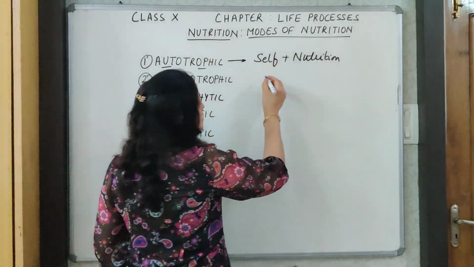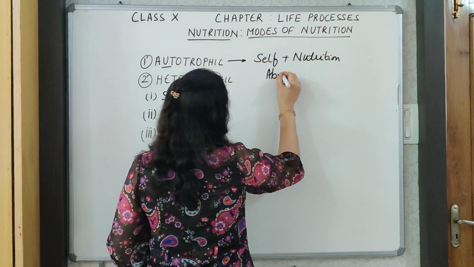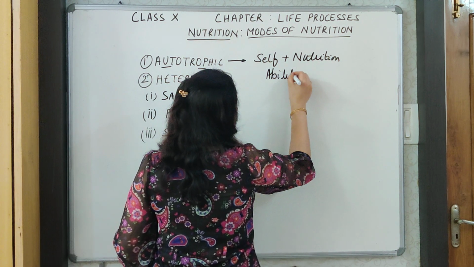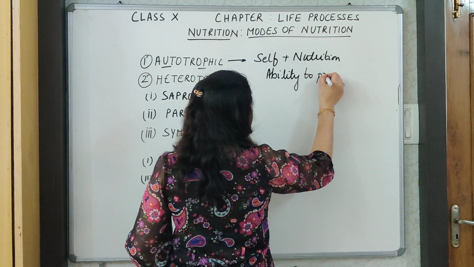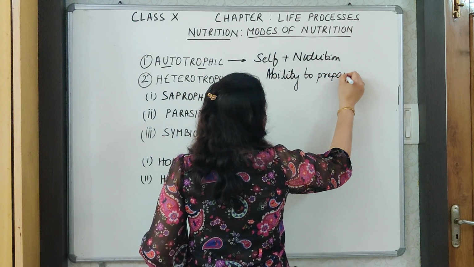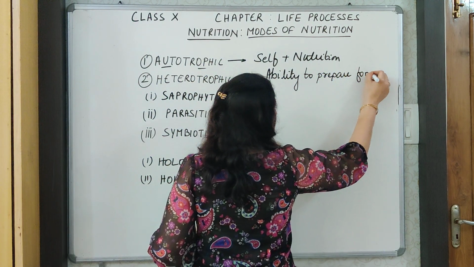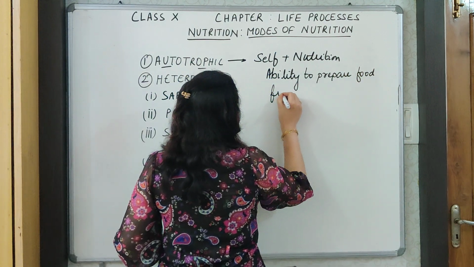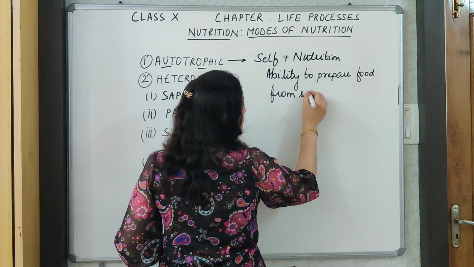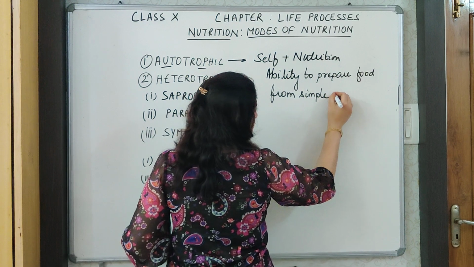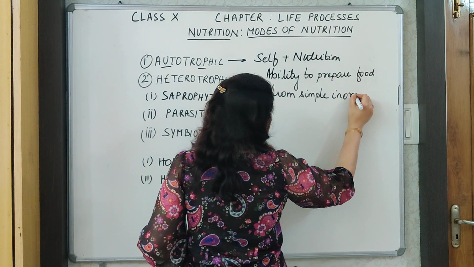So autotrophic nutrition is the ability to prepare or manufacture its own food from simple inorganic substances.